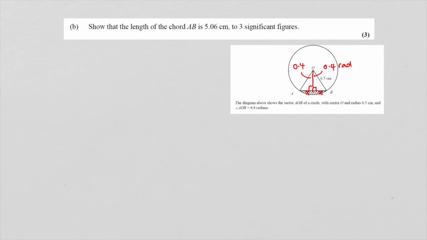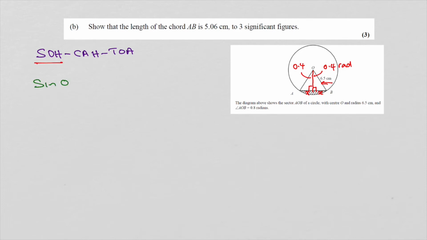We know that side here, so we could use SOH CAH TOA. We have the angle and we have the hypotenuse, and we're looking for the opposite. Opposite over hypotenuse is sine, so we'll be using sine.